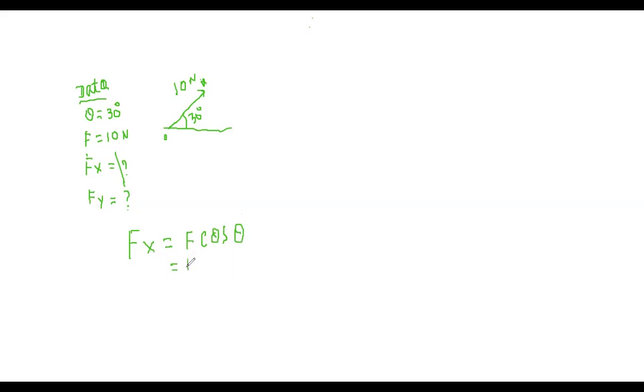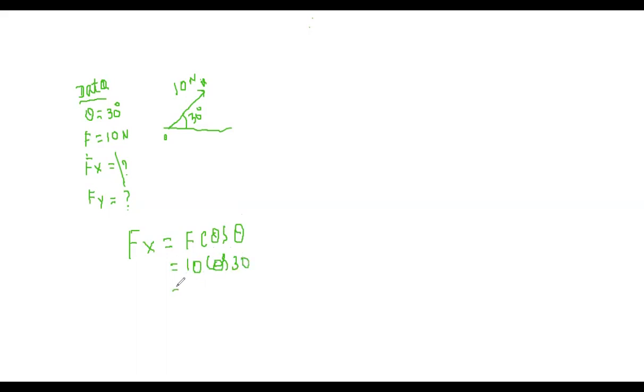F is 10, cos 30. A calculator is allowed in the exam or test, so you can put the value of cos 30 over here. Cos 30 is 0.866.